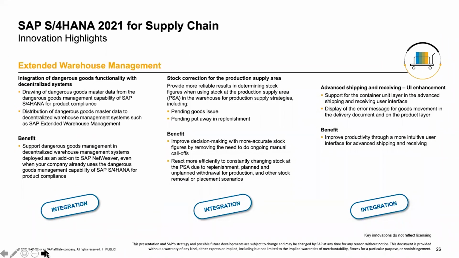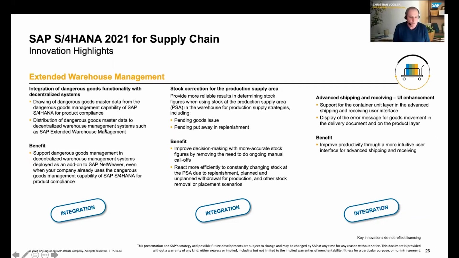Concerning the second innovation, in the middle of the slide, with this feature, you can perform accurate physical inventory on production supply areas, where the amount of the stock is constantly changing. When a production worker takes products from a production supply area, goods issue posting is often done later, as I explained before, 1 week later, at the end of the week or in the evening as a backflush.